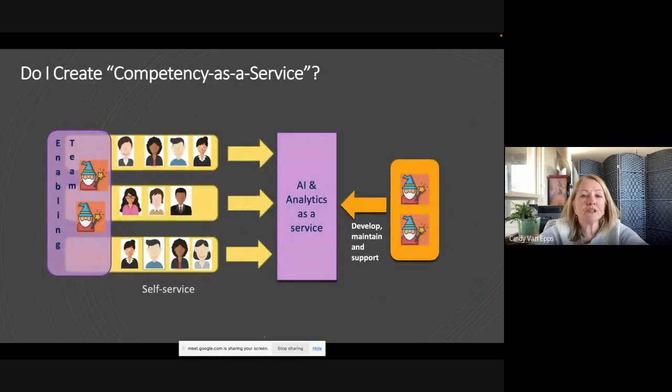The as-a-service relationship between teams, the Team Topologies guys model that as a relationship type. But I felt it was more important to be very specific about the fact that these wizards, some subset of them, are going to have to develop and maintain and support this, let's call it analytics as a service.